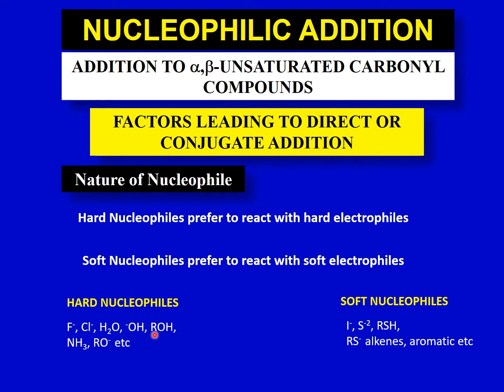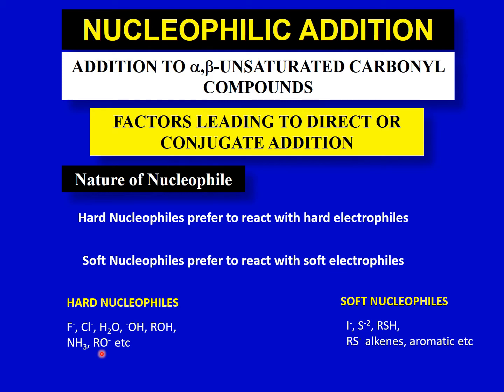So you see here the halogens, that is fluoride ion, chloride ion, water, hydroxyl ions, alcohols, ammonia, and alkoxide ions. These are regarded as hard nucleophiles because of higher charge density and lower polarizability.